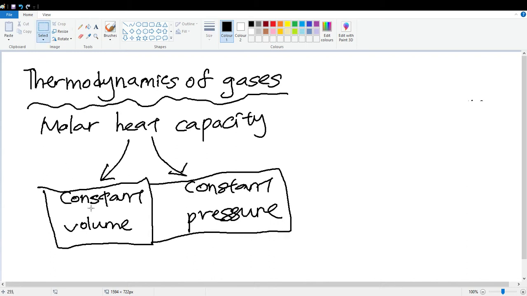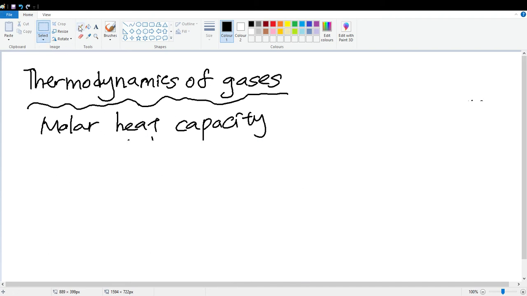We will explain it one by one. Let's start with the molar heat capacity at constant volume. What is the definition?